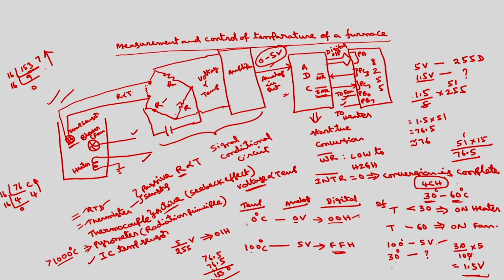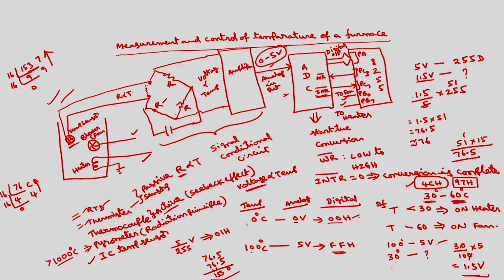So these two values are important. 4CH corresponds to 30 degrees, and 97H corresponds to 60 degrees.